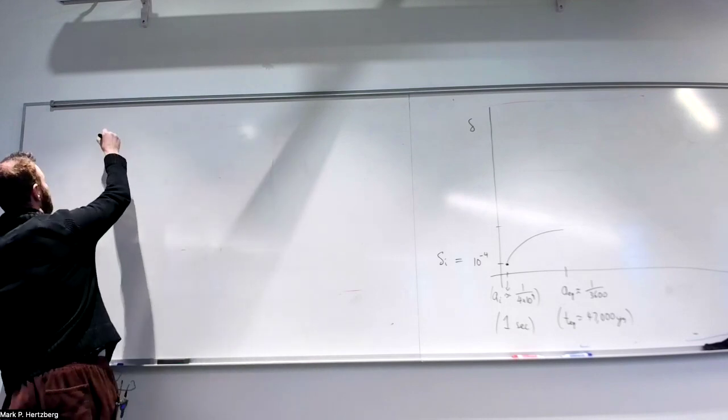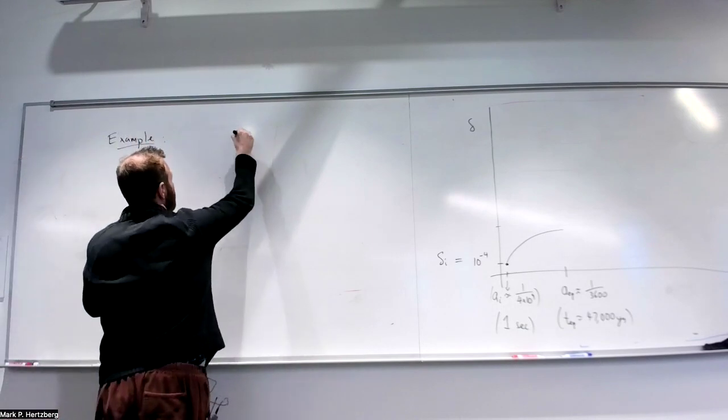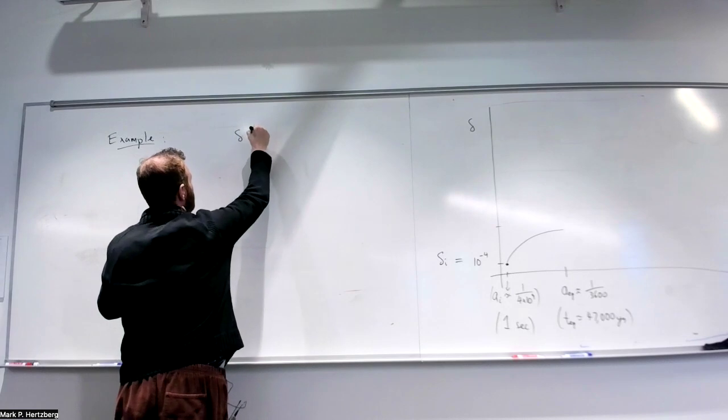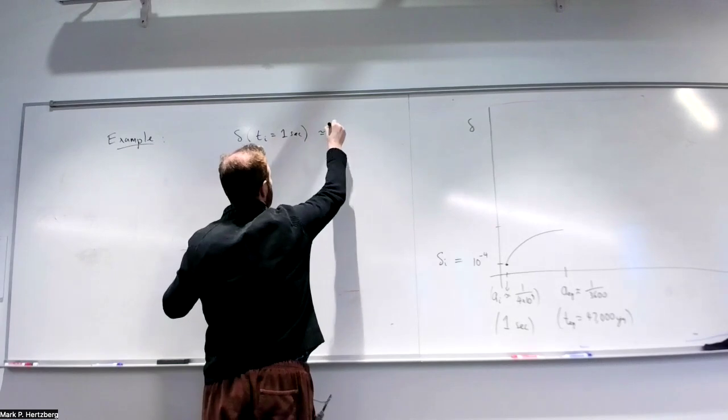All right, so I'm just going to take as an example delta at t initial equal to 1 second to be 10 to the minus 4.